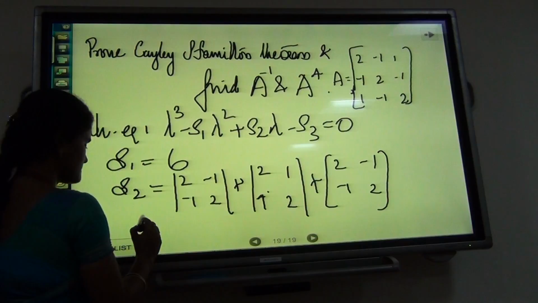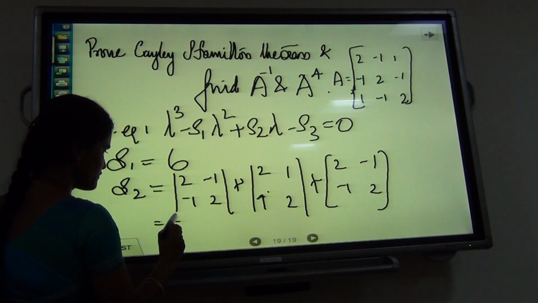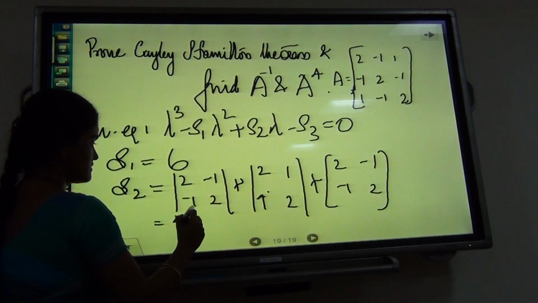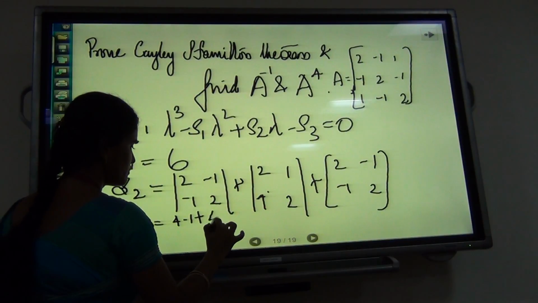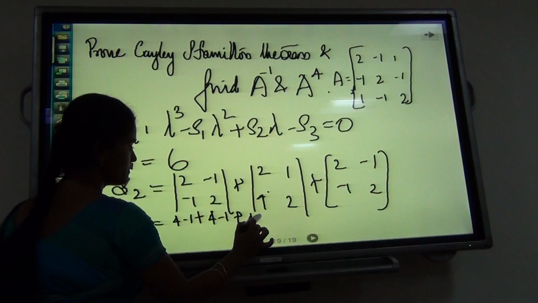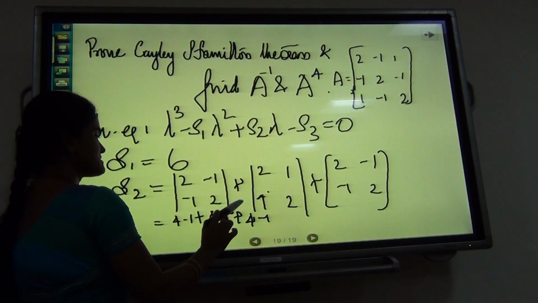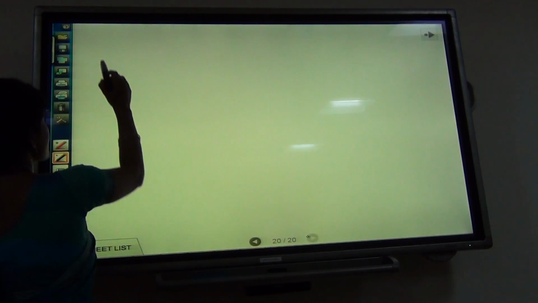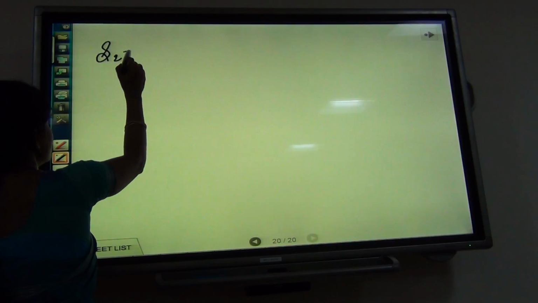So what do we get? It is 4 minus 1 plus 4 minus 1 plus 4 minus 1. So 3 plus 3 plus 3, we get 9. So S2 is going to be 9.